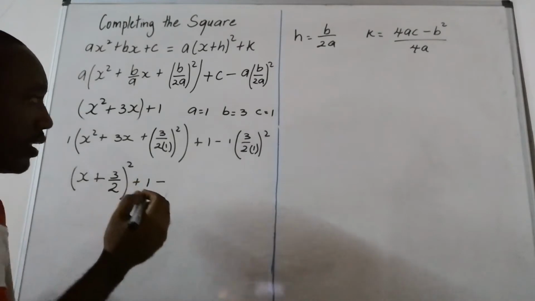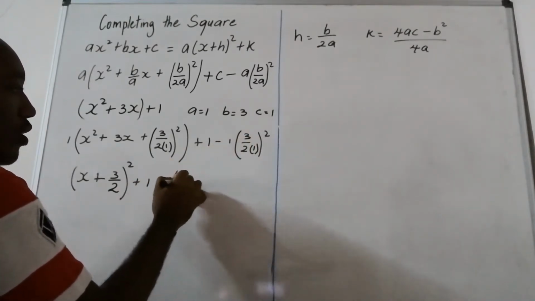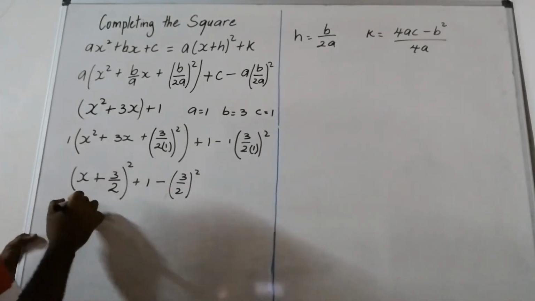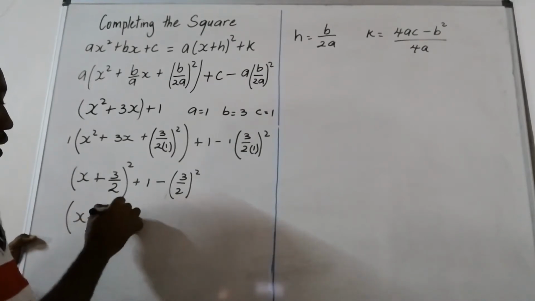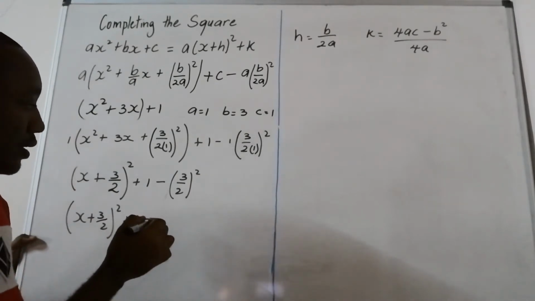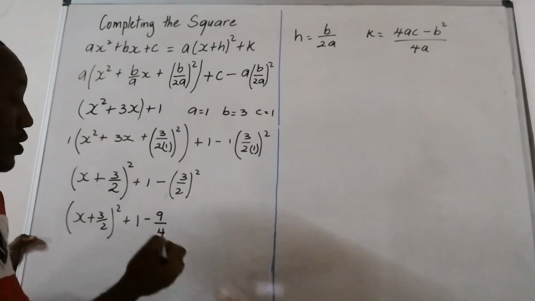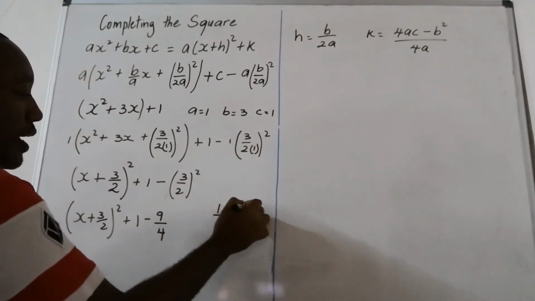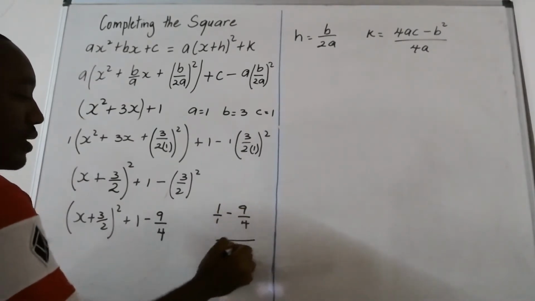Minus, this will give us x plus 3 over 2 all squared plus 1 minus 9 over 4. So subtracting from 1, or we could put 1 over 1 minus 9 over 4. The LCM is 4.